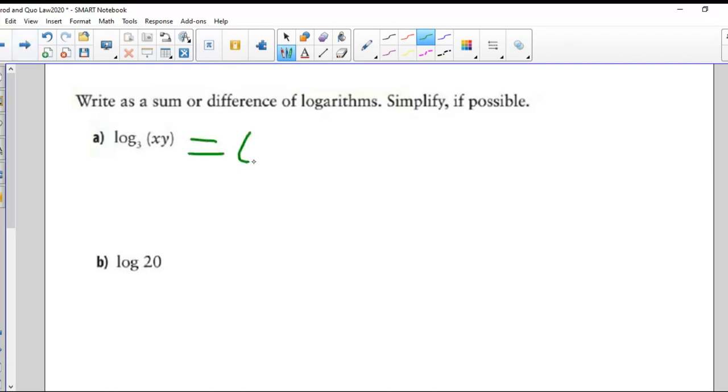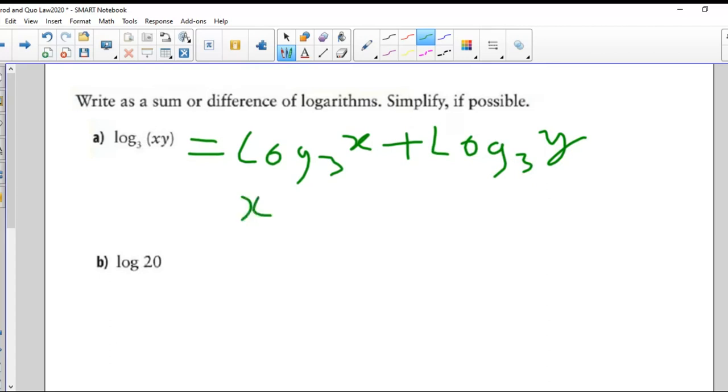That should be equal to the log base 3 of x plus the log base 3 of y, where x has to be greater than 0 and y has to be greater than 0. So it's always good for me to state what those restrictions are. Log base 3 of x plus the log base 3 of y. Okay, so I've done that one.